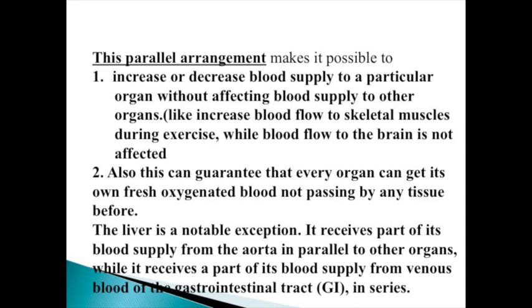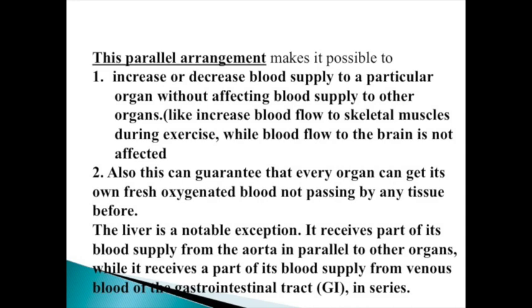But bearing that in mind, you have to know one important fact, that the liver is an exception. How? The liver receives a double blood supply. This is very important anatomically, surgically, physiologically, by all means.